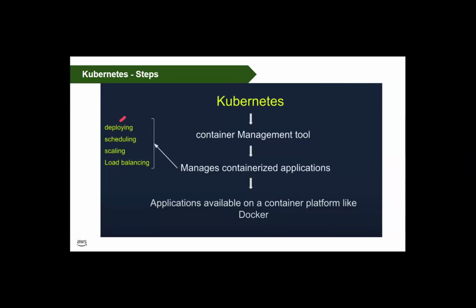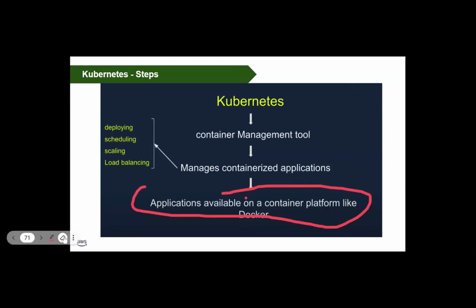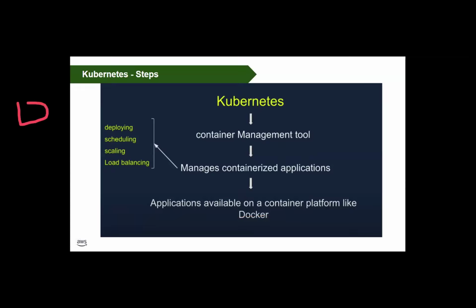Mainly it will support you on deployment, scheduling, scaling, that is increasing and decreasing servers, and the load balancer. Applications are available on container platforms like Docker, where each container has one application.